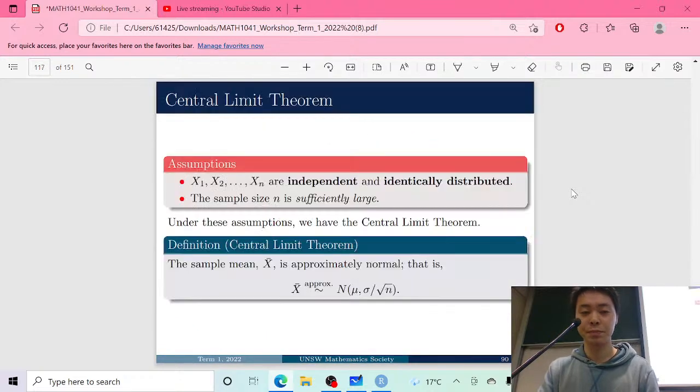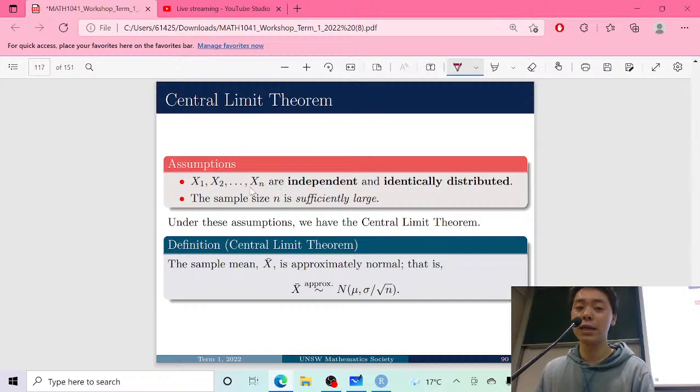Cool. So the last part of this section is to just briefly talk about the central limit theorem. The central limit theorem is a really powerful theorem, because what it tells you is that if you sample long enough, it doesn't matter what distribution your original random variables are.